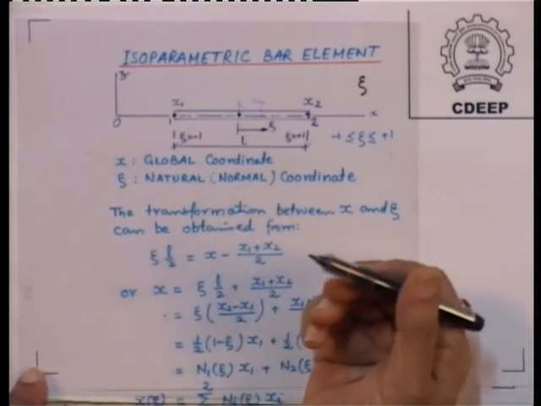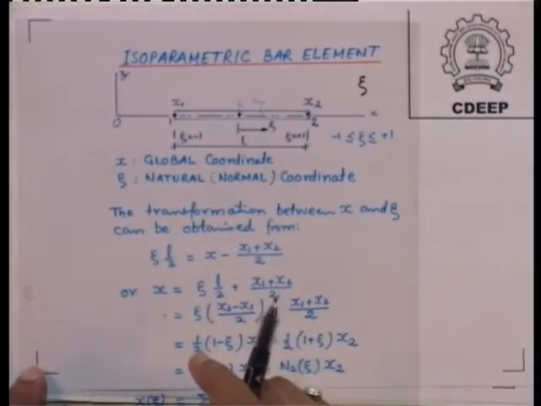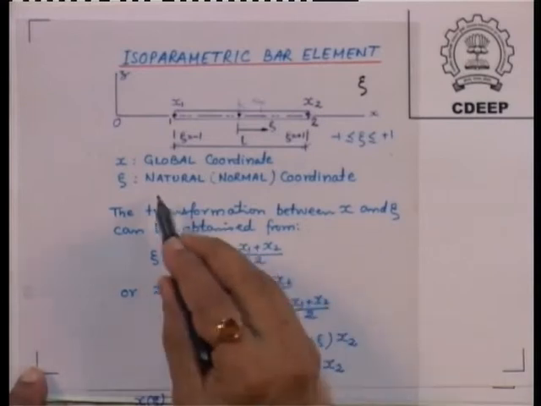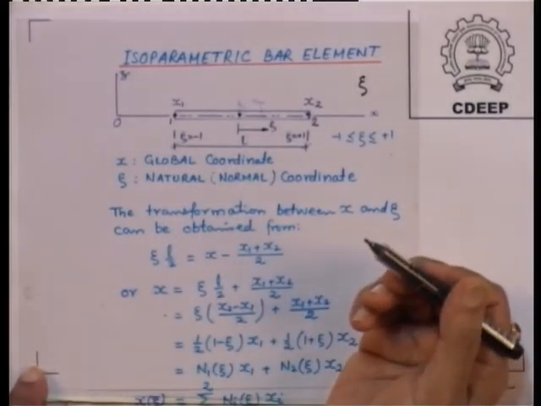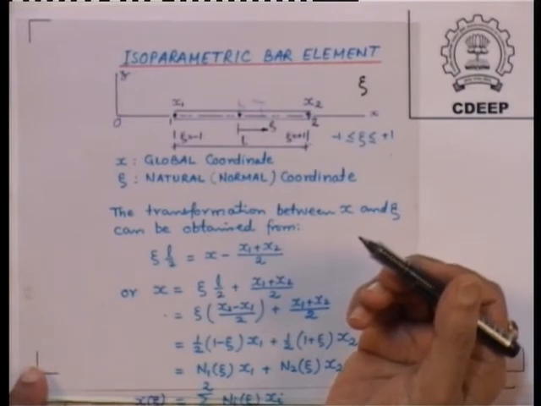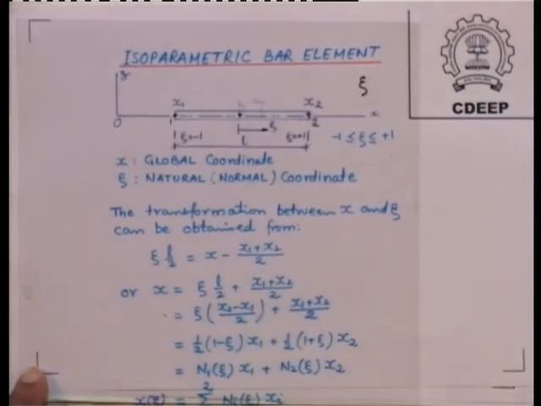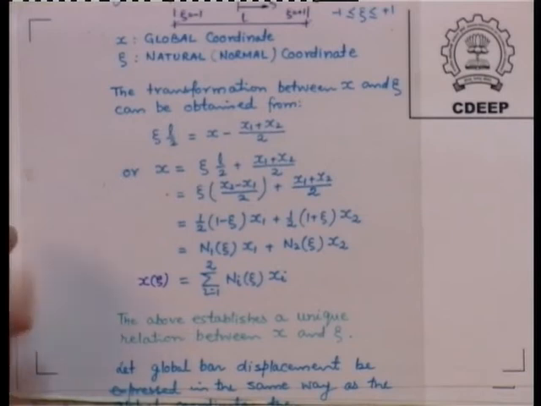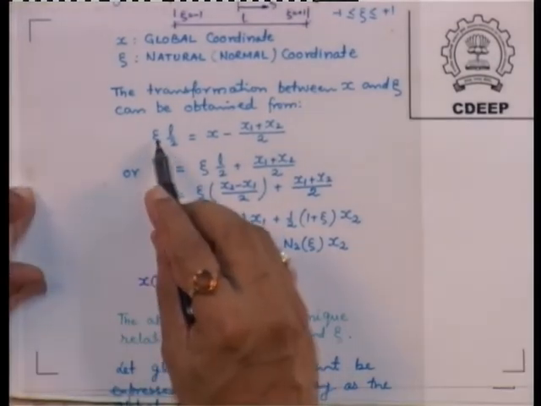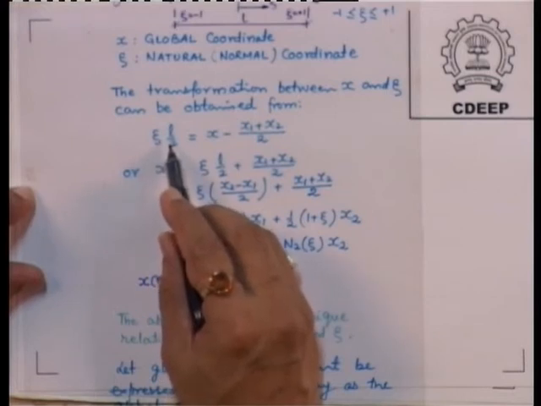We call x the global coordinate and psi the non-dimensional coordinate. There are so many names people call it; I call it the non-dimensional coordinate. Non-dimensional, natural, normal, these are so many names for the coordinate. Now, how do you transform local to global?